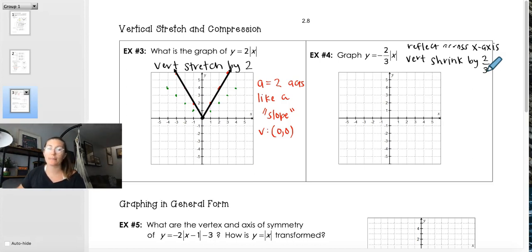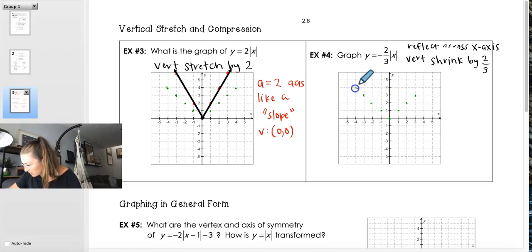All right. This one's a little more strange, but I'm going to show you how to do it with a transformation, and then we'll confirm it with the slope idea. Again, my parent graph. We should just have this memorized. We should know what it looks like like the back of our hands. So there's my parent.